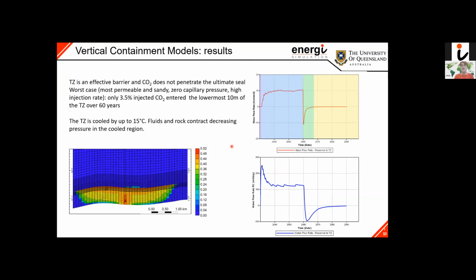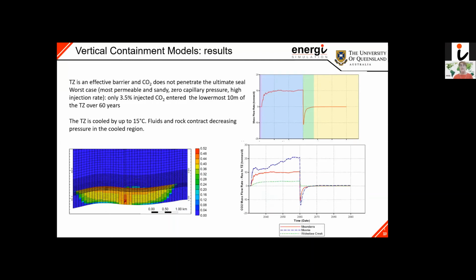Although during injection, when the pressure is high, flow goes upwards into the transition zone, both CO2 and water, as soon as it shuts in and the pressure in the reservoir relaxes, the higher pressure in the transition zone then forces that flow to revert and go back into the reservoir. This here is just to show the range of this in the 3 different sector models.